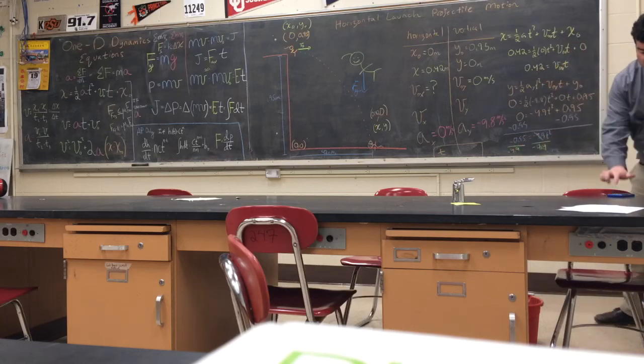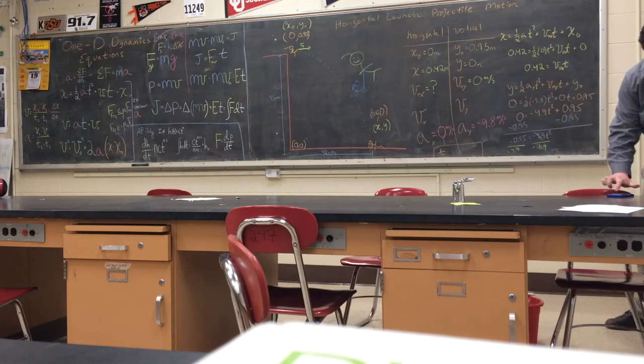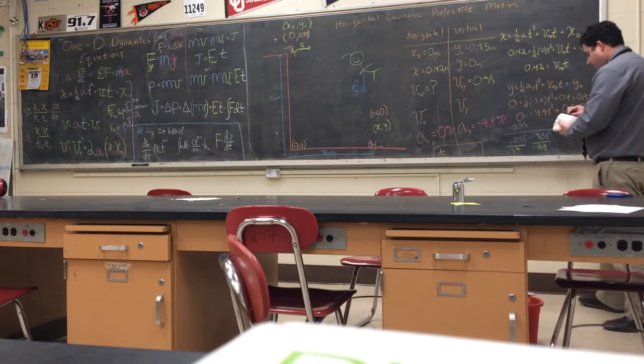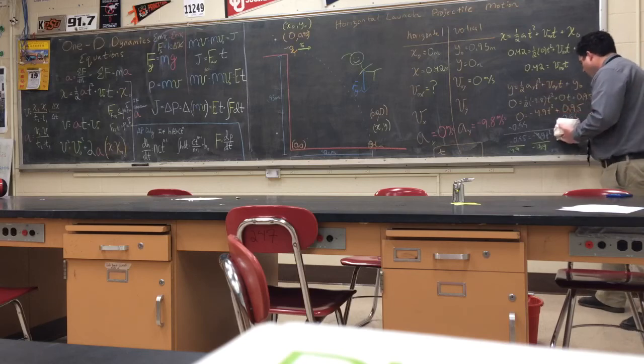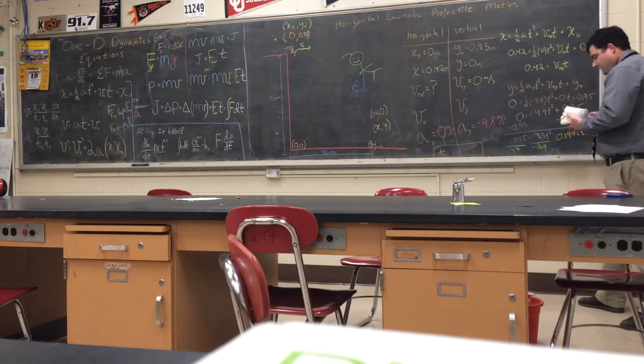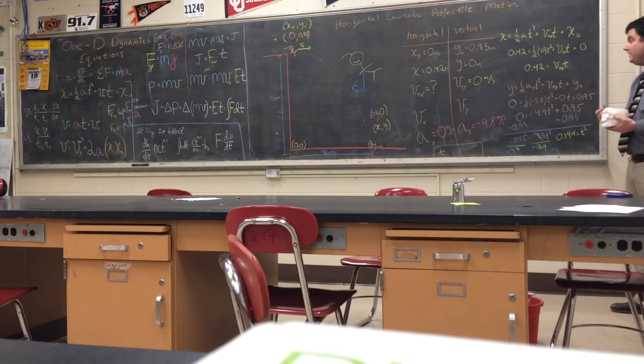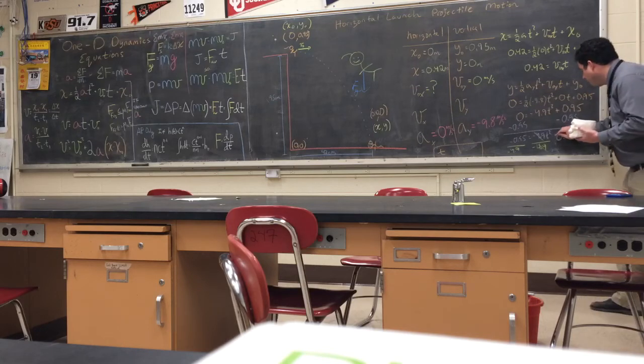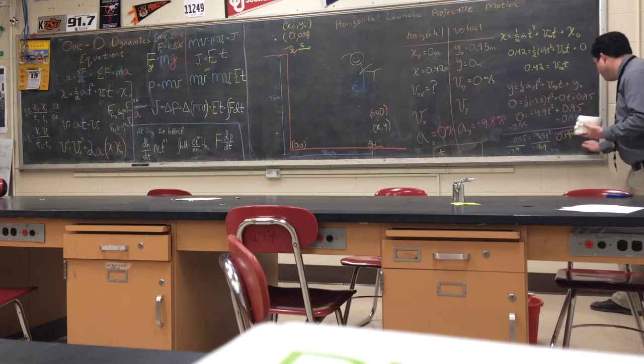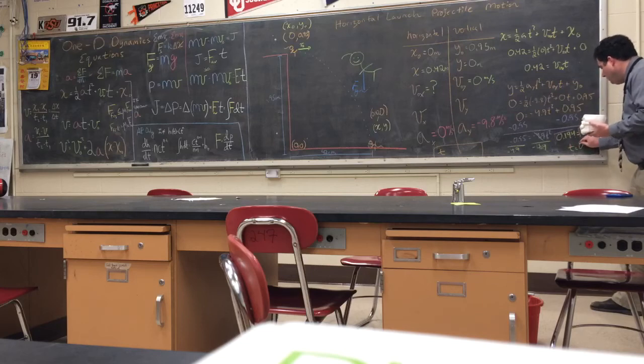So that gives us 0.194. That's t squared. And finally, we'll square root it. Leaving us with t is 0.44 seconds.